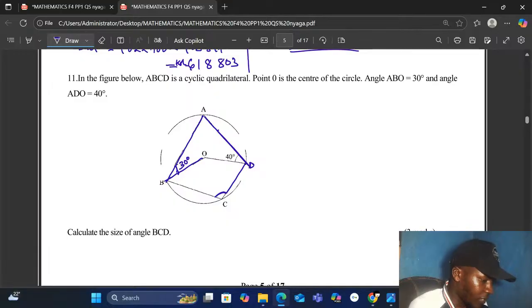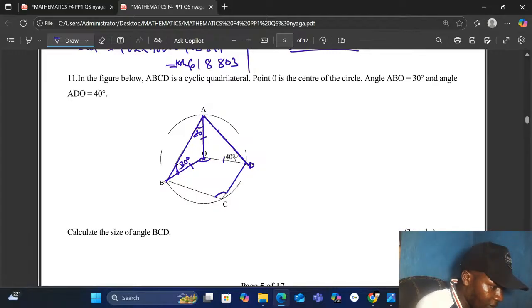Now to find BCD, it will be simple. We know that here to get the center, this angle. We have this 30. We construct that line so that if this is 30, you know this is the radius, so it is equal. So if this is 30, that means this is 30, right?